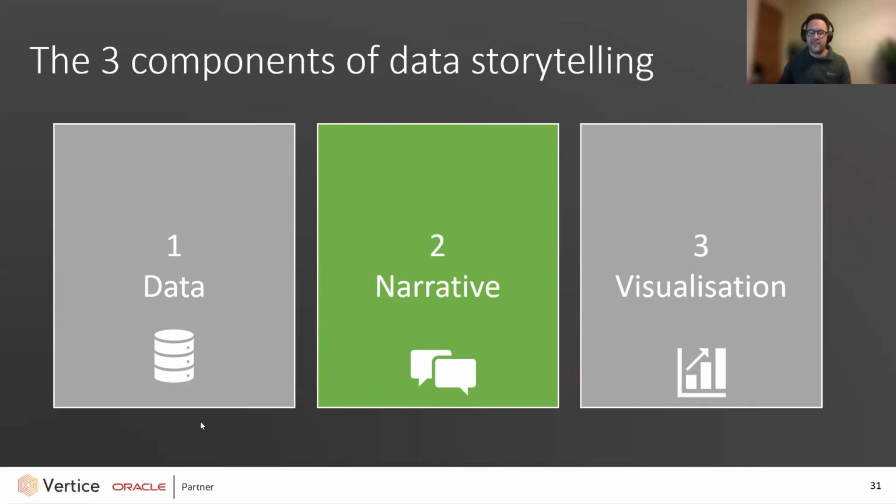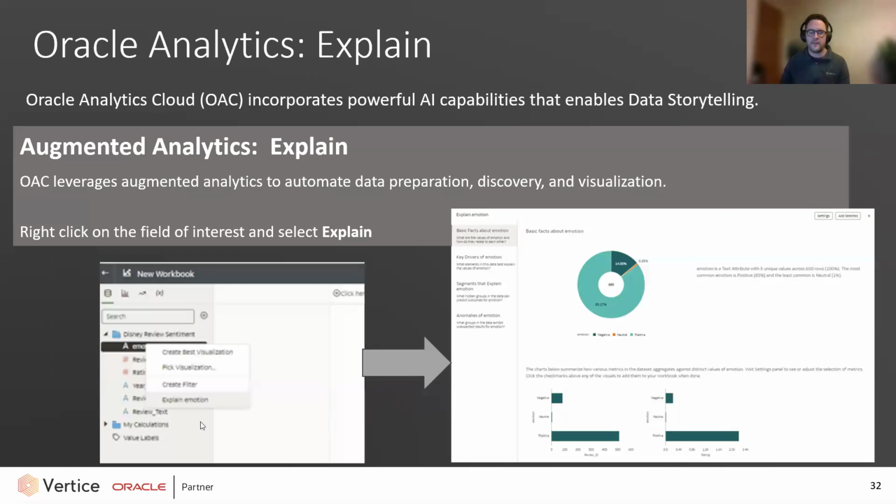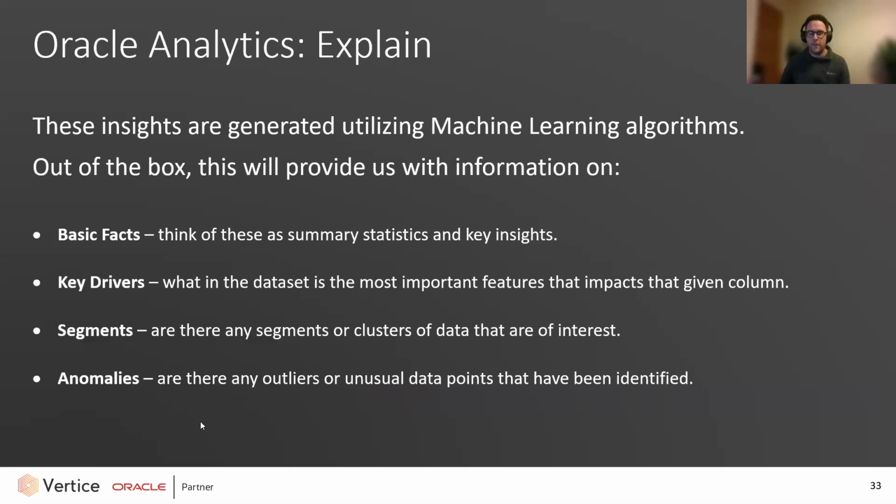On to the narrative. This is the second pillar of our data storytelling approach. Oracle Analytics also has another built-in function. This is starting to use augmented analytics, and this is the explain function. It does very much what it says on the tin. It helps explain the data fields that we pass into it. Out of the box, it provides us with various bits of information.